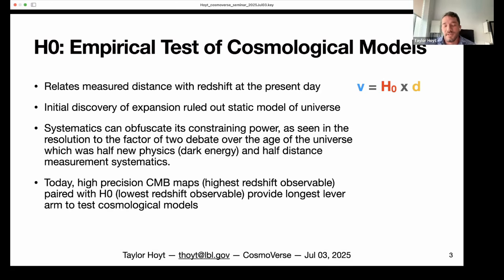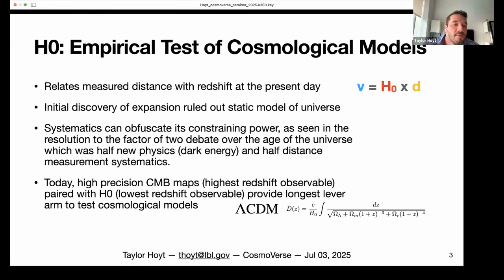Today, high precision maps of the cosmic microwave background, in particular its 1 part in 100,000 anisotropies, paired the highest redshift observable at the last scattering surface, paired with H0, our lowest redshift observable, the present day expansion rate, provide our longest lever arm against which we can test cosmological models.